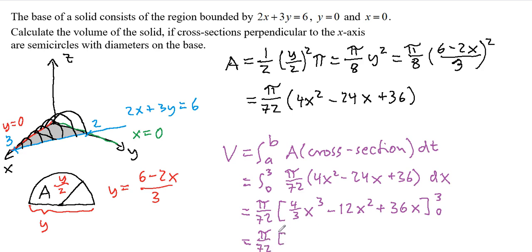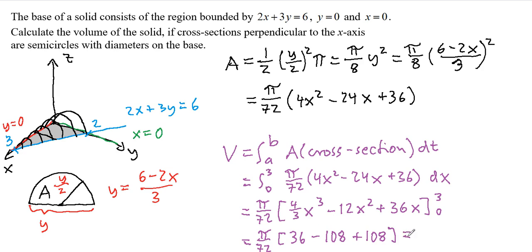multiplied by 3 cubed, cancels with one of the 3's in the denominator, so 3 squared, which is 9, times 4 will give us 36. Minus 3 squared is 9, 9 times 12 yields 108, plus 36 times 3 is also 108.